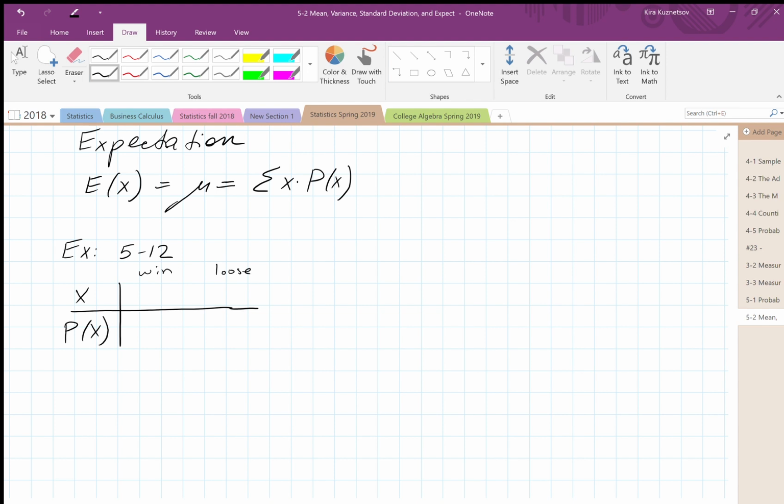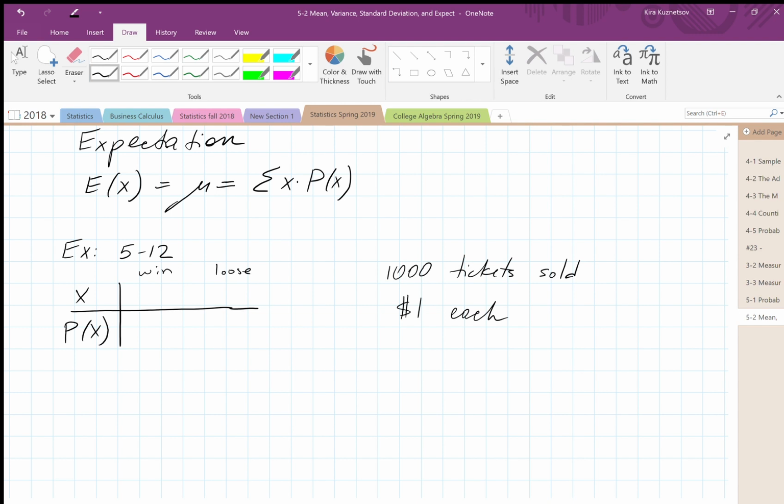So there's 1,000 tickets sold. And $1 each. So if you purchase one ticket, you will lose $1.